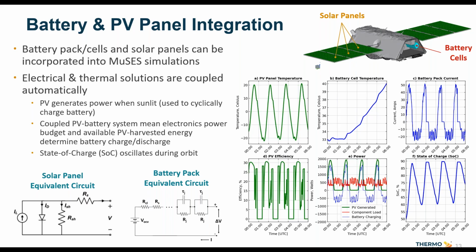Then moving down to the lower row there, we see the efficiency of the solar panel, and that's changing because even though there's a nominal efficiency around 29 or 30%, the actual efficiency of the solar panel is affected by the incidence angle of the sun, by the temperature of the panel, and that's why the efficiency changes in a dynamic or transient way, because it's not a static number.